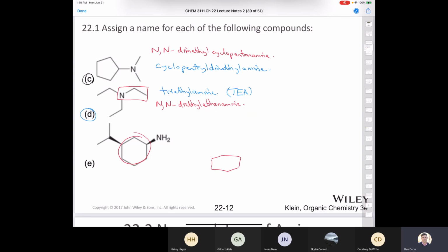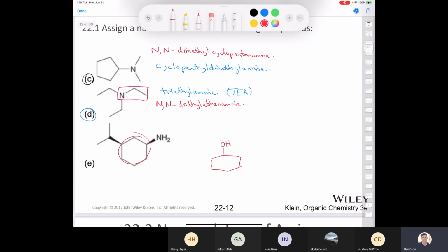If you had this, this would be cyclohexanol. So this must be cyclohexanamine. Okay, so this is some kind of cyclohexanamine. And we would give the nitrogen carbon the number 1, 2, 3. So this is a 3-isopropyl cyclohexanamine. So we'll put that down. 3-isopropyl cyclohexanamine.